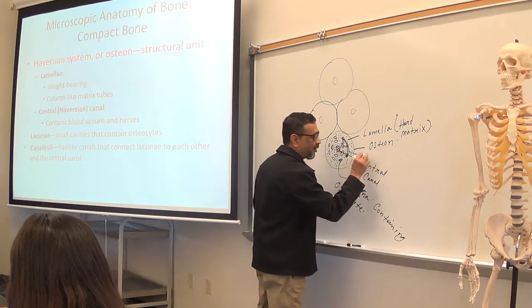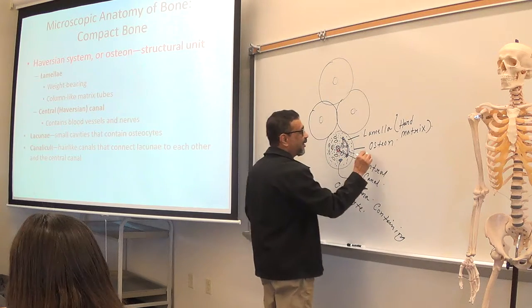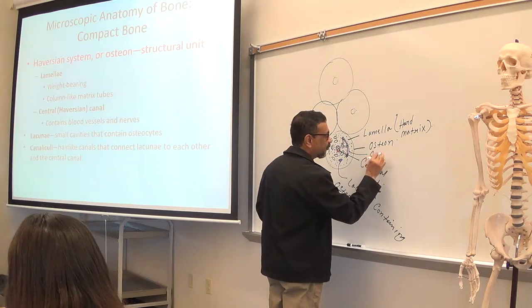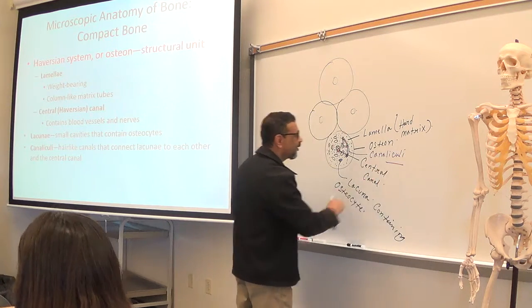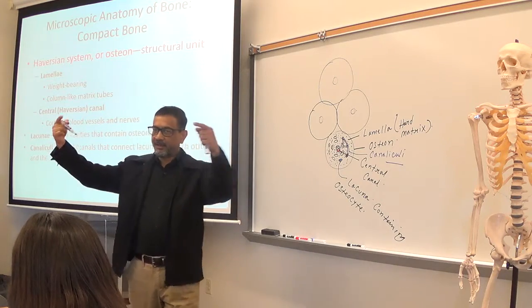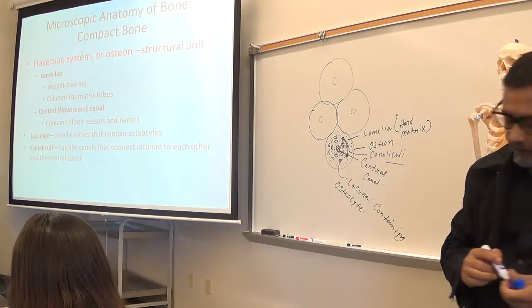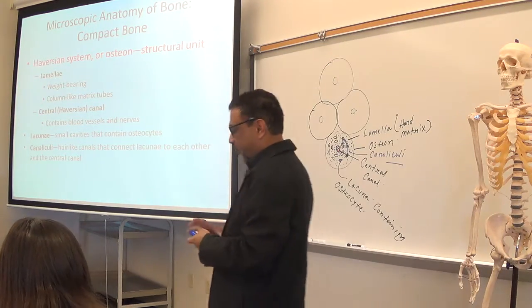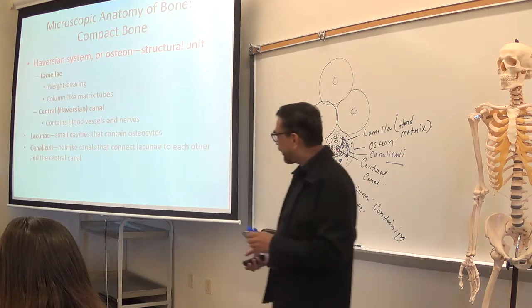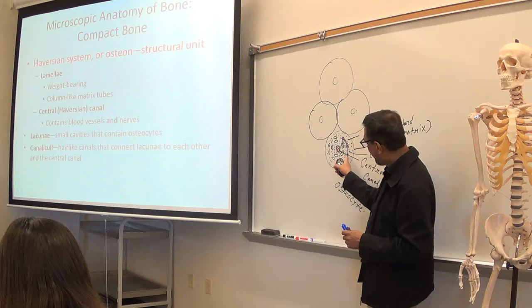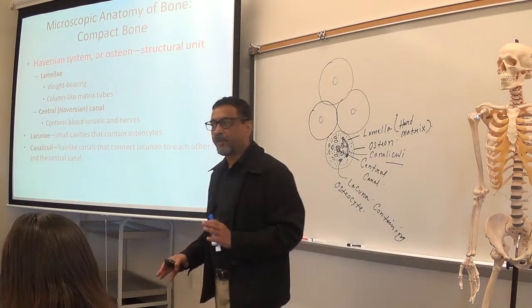These hair-like fine channels are called canaliculi. Okay? So the nutrients and oxygen can move from one lacuna to another to keep the osteocytes alive. So that is the structure of a compact bone.